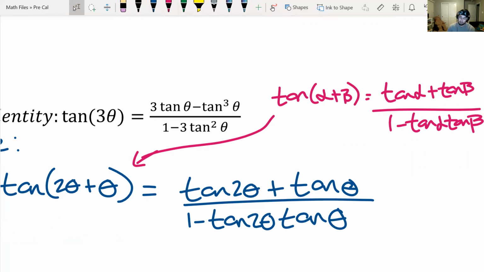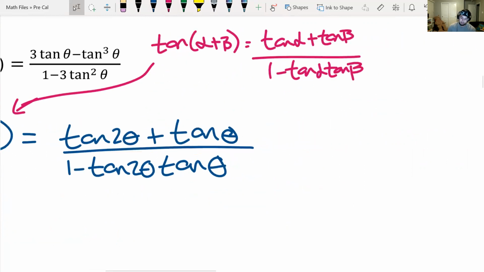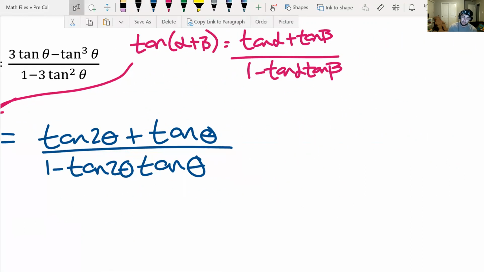Okay, so more expanding. We created a formula for tangent 2 theta earlier.